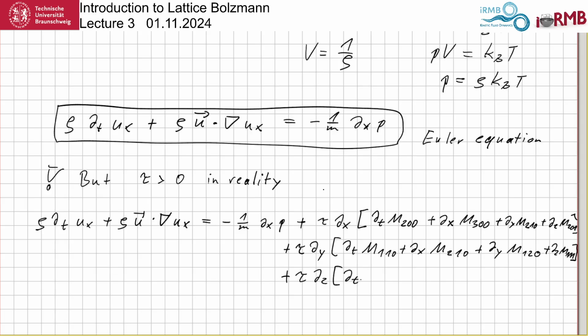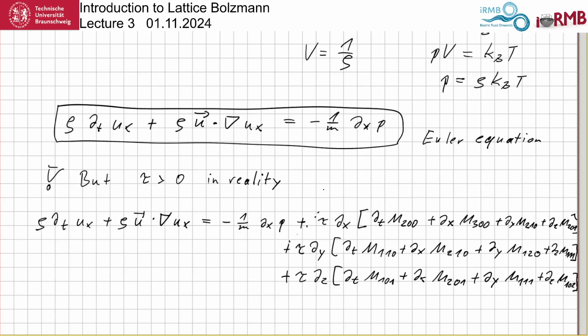Now comes the guy with M110 plus dx M210 plus dy M111 plus dz M102. Yeah, so you see, countability makes it easy to write these things down.